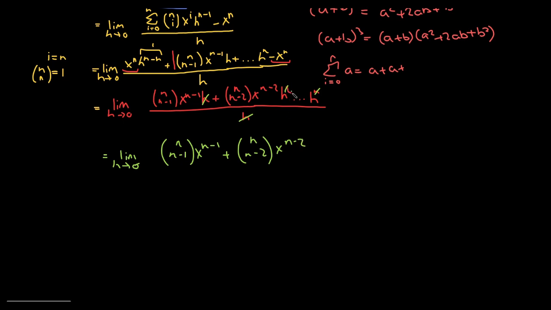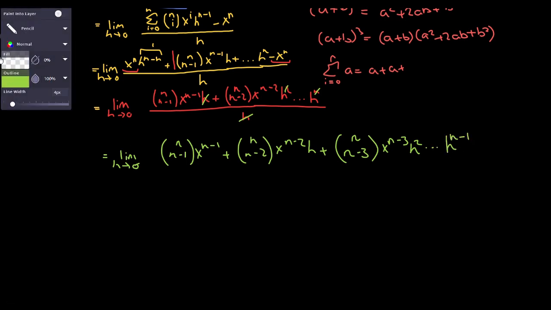And every power of h will be, every exponent will be reduced by 1 since I divide by h. So this is going to be 1, and the next term minus 3, that's going to be h squared all the way up to h to the n minus 1.